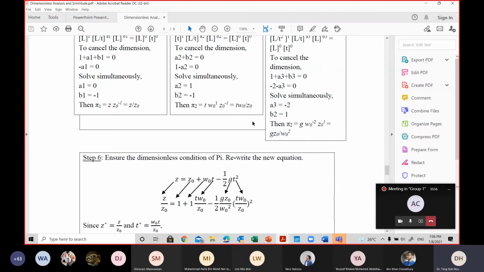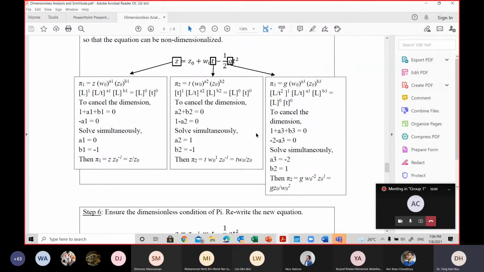This is the final format dimensionless equation I know. That's all. Don't look at the answer first. Pi 1, pi 2, and pi 3. So if I didn't tell you my final format is in this form, will you be able to know there's a half over there? No, we wouldn't know that.